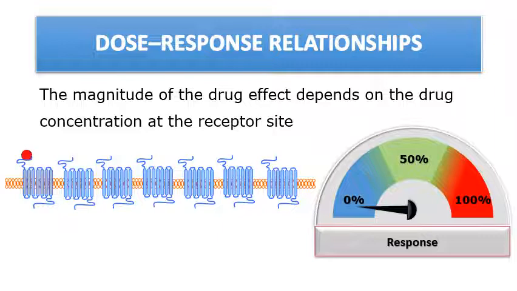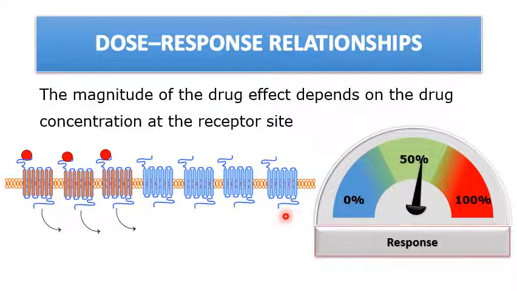An example here, when we increase the occupied receptors by the agonist, this will cause an effect. Increasing the concentration will occupy more receptors, and increase the response or effect, and so on until enough receptors are occupied to produce the maximum response.